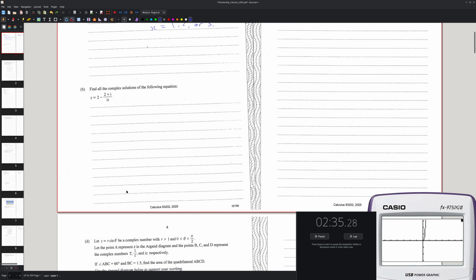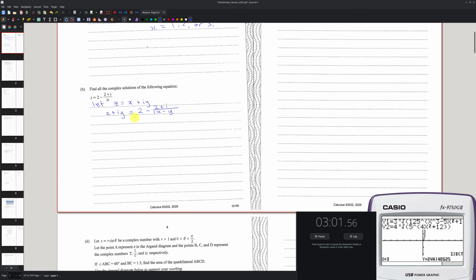Okay. Find all complex solutions of the following equation. Let z equals x plus iy. So x plus iy equals 2 minus (2 plus i) over ix minus y.